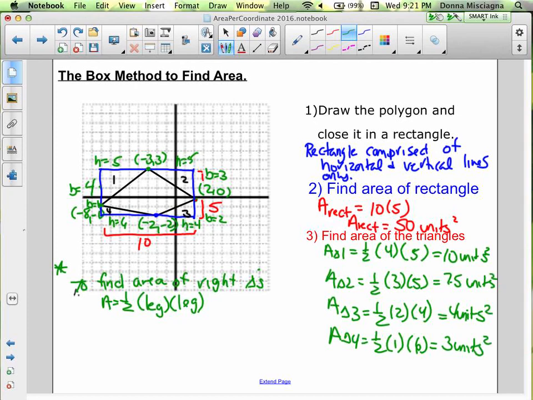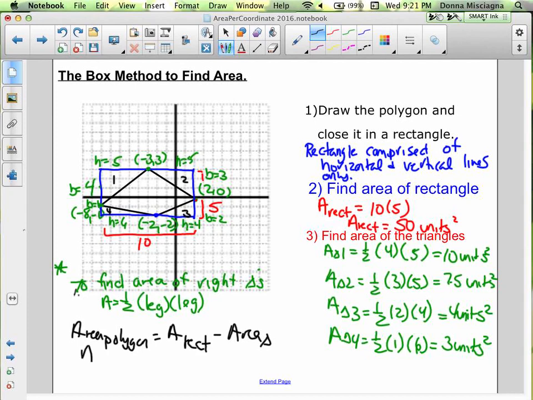You only have one more step, and then you've got this all solved. So remember, you got to find the area. We're looking for the area of the polygon, right? So that's going to be the area of the rectangle minus the area of the triangles.